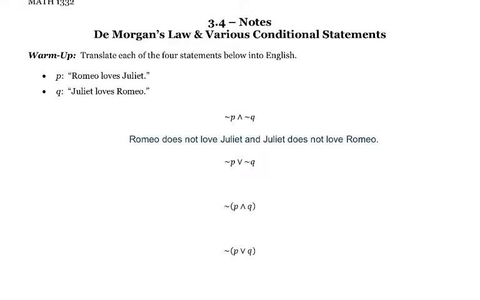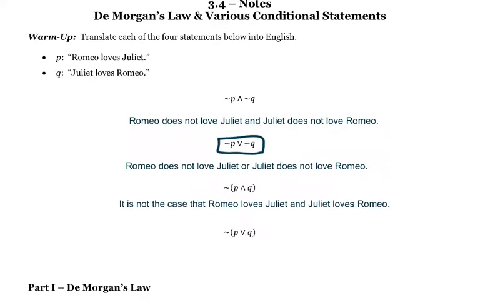For the next one here, we have Romeo does not love Juliet, or Juliet does not love Romeo. The third one, we have, it is not the case that Romeo loves Juliet and Juliet loves Romeo. And lastly, we have, it is not the case that Romeo loves Juliet or Juliet loves Romeo.